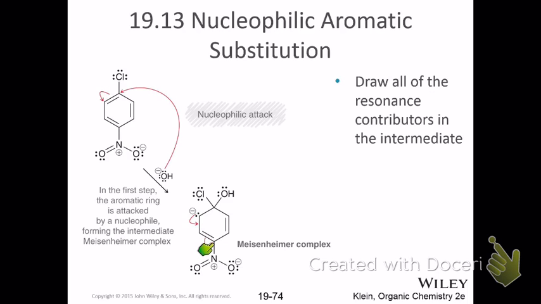That should be going to here maybe and back out to here. But this positive charge stabilizes the negative charge here. So it's important that when this nucleophile adds, it adds in such a way that the negative charge placed in the ring can be stabilized by the electron withdrawing group.